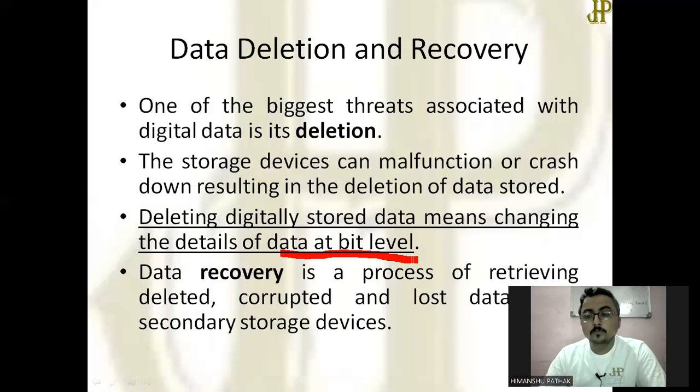So a new mechanism has to be introduced, which is known as recovery. Can we recover our deleted data, whether corrupted, deleted by yourself, or damaged by hackers? So there are two terms: data deletion and data recovery.